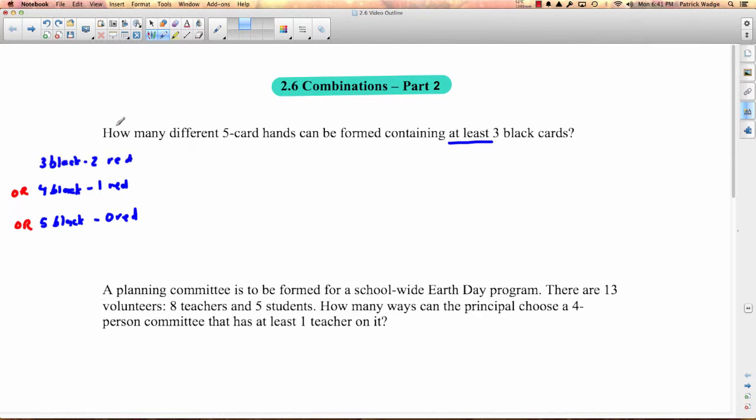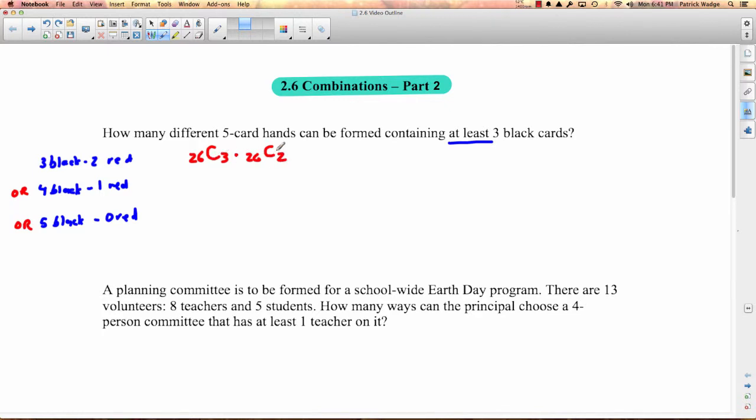So let's take a look at this. 3 black, 2 red. How many black cards are there? There's 26 black cards, and we want to choose 3 of them. And this is a multiplying, we also want to choose 2 red ones. How many red cards are there? 26, and we want to choose 2.